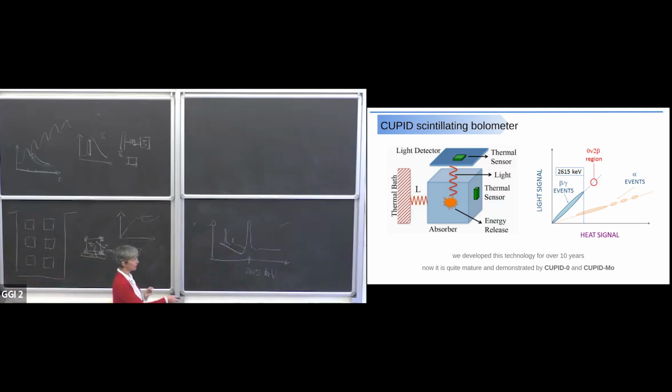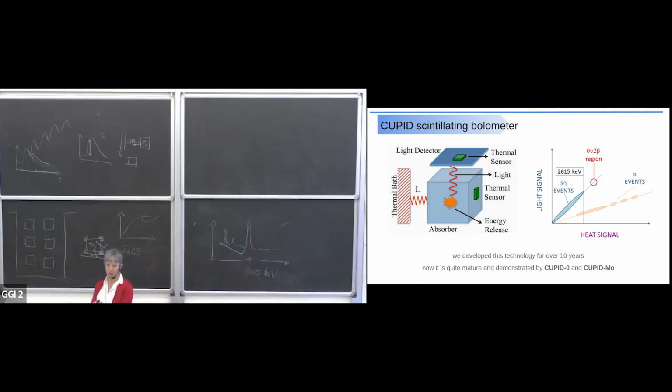So we can assume that the heat signal recorded by the absorber provides a good measurement of the energy released by the particle. We read out the light, and we know, because this is the way a scintillator works, that the light produced is different, both in amount of light and in the shape of the signal, according to the particle that is interacting.